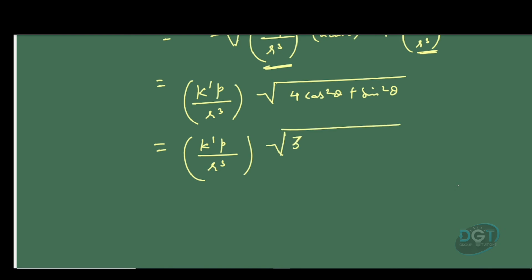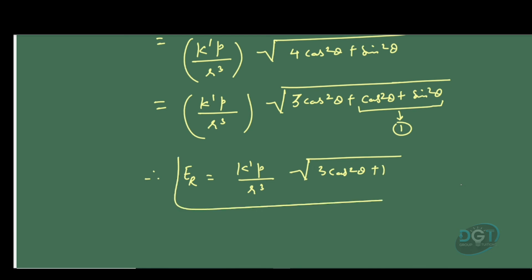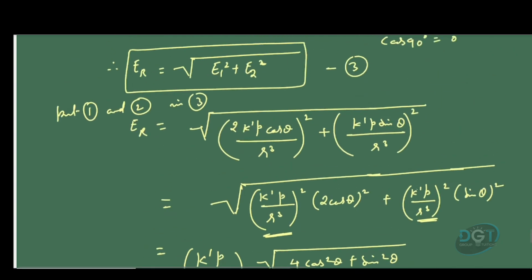Thus we can write this 4 cos square theta as 3 cos square theta plus cos square theta plus sin square theta, and this quantity is nothing but 1. So therefore ER we can write as k'P upon r cube root of 3 cos square theta plus 1. So this is the final expression for electric field at any point due to an electric dipole.